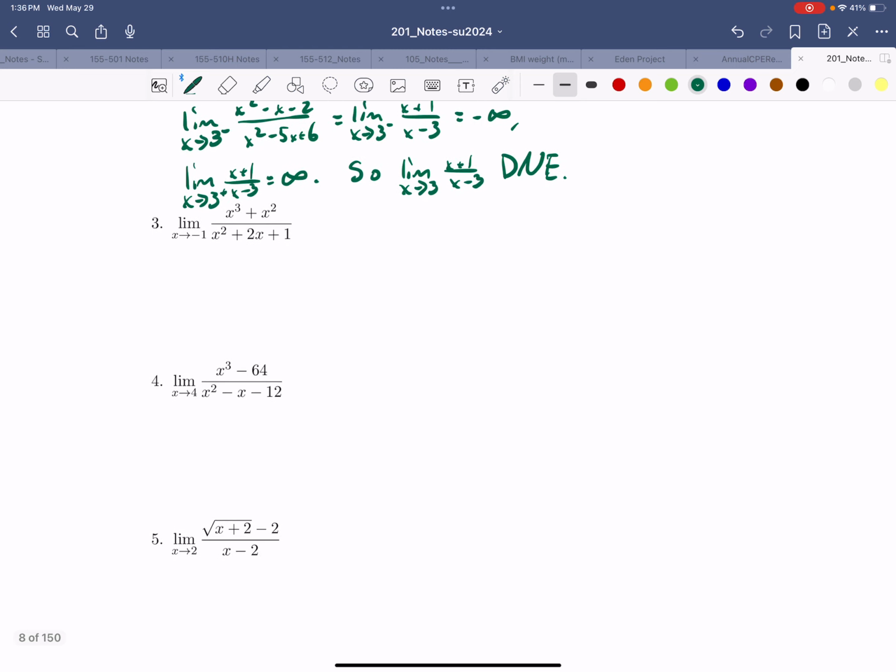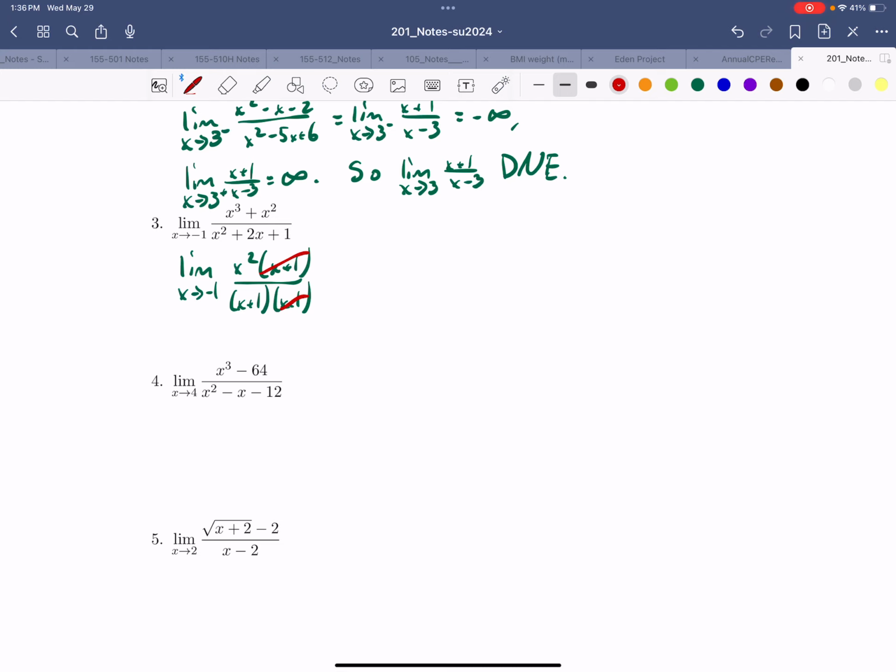Next up, number 3, right? Well, notice that we can write this as limit as x approaches negative 1 of x squared times x plus 1 over x plus 1 times x plus 1. Right? So again, stuff cancels. And thank goodness, right?